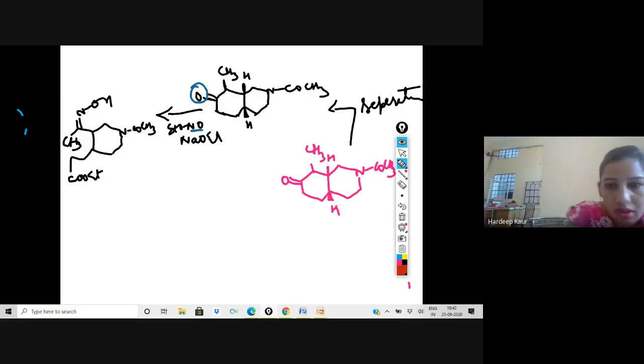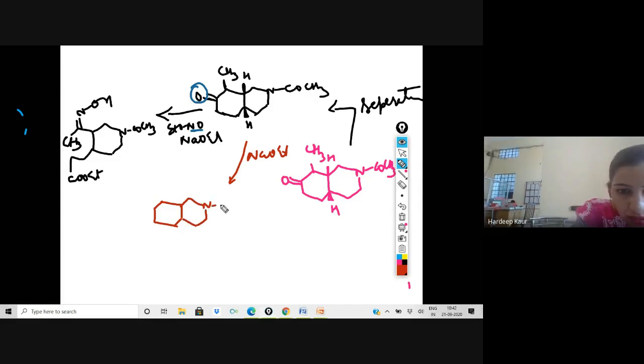So first this reactant is converted into the enolate form by sodium ethoxide. So it will convert this into NCOCH3. Okay. So here we have double bond CH3.